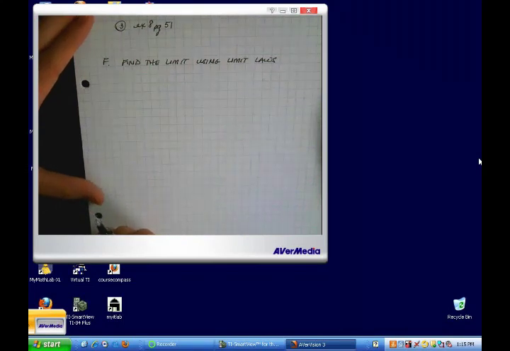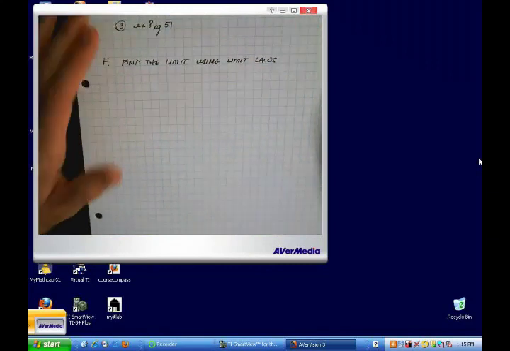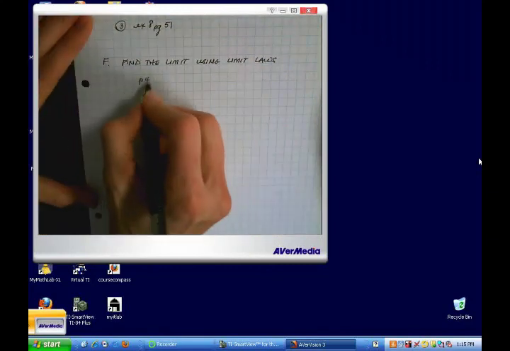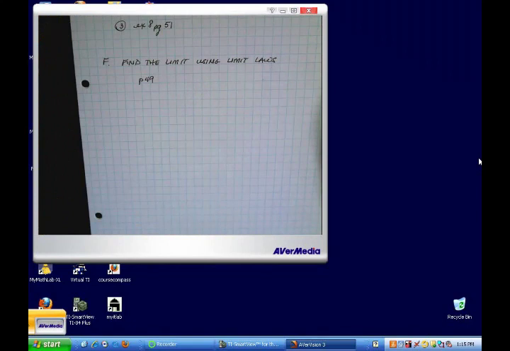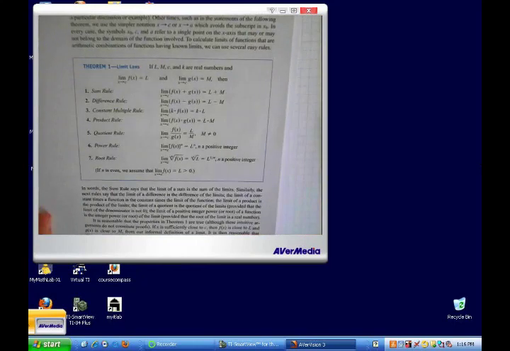So we have all these lovely limit laws on page 49 of our textbook, and I will write some of them down for you, especially to help give you an idea of what they really mean. If you look at page 49 of your textbook, it'll show you all these limit laws. Okay, there they are.